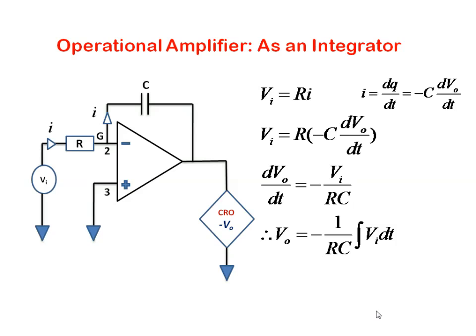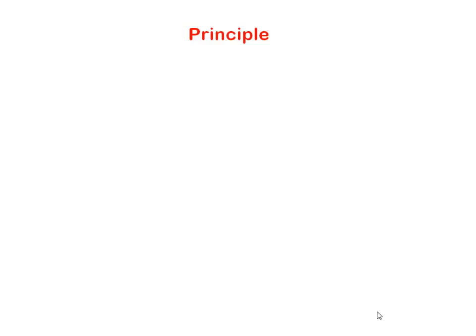Hence, the input voltage can be written as Vi equal to minus CR into dV0 by dt. By rearranging the terms and integrating with respect to t, we get V0 equal to minus 1 by CR integration Vi dt.